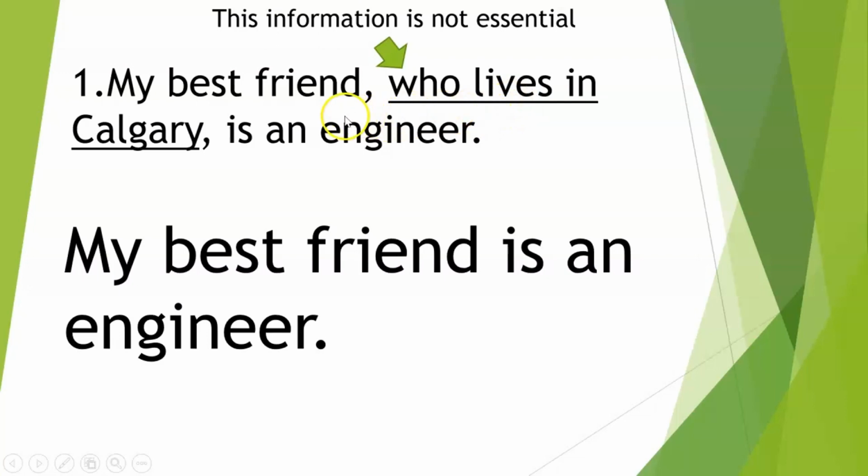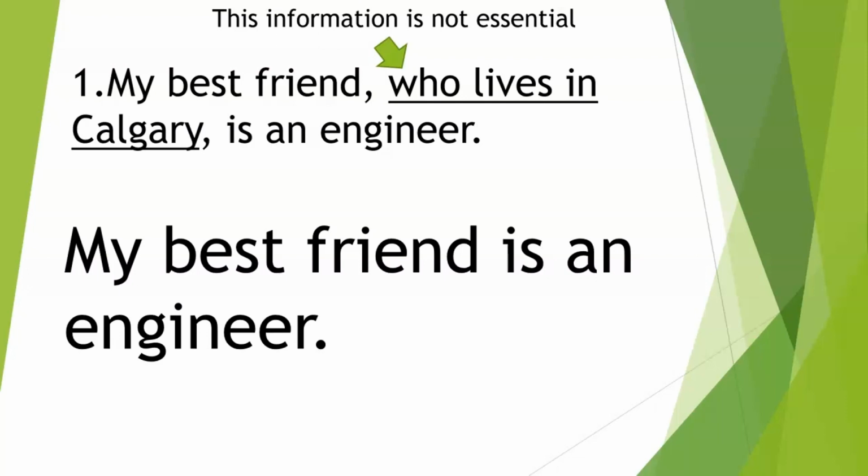So we can say, my best friend who lives in Calgary is an engineer, or we can remove this information and just say my best friend is an engineer, and the sentence will still be good.